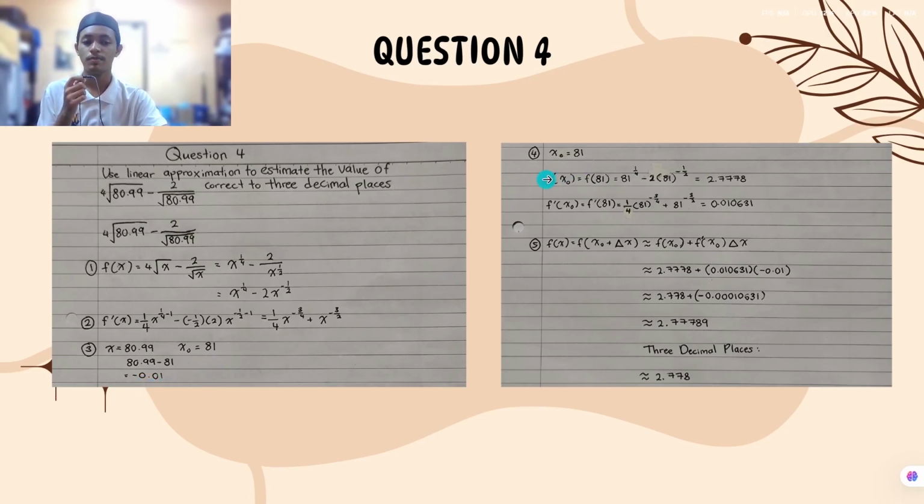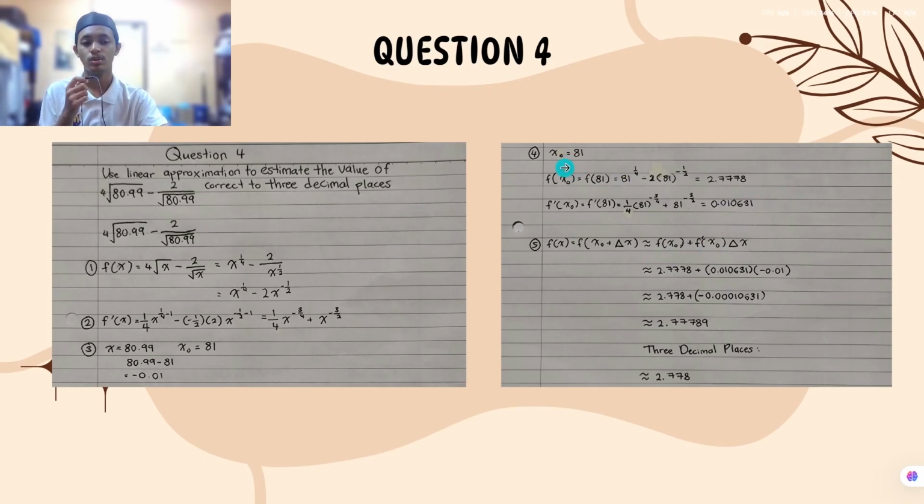For the fourth step, we need to change the x to x naught in the function that we have before and after differentiation.